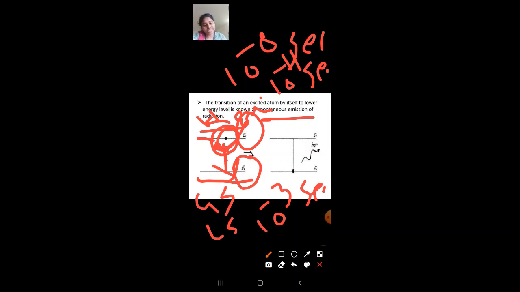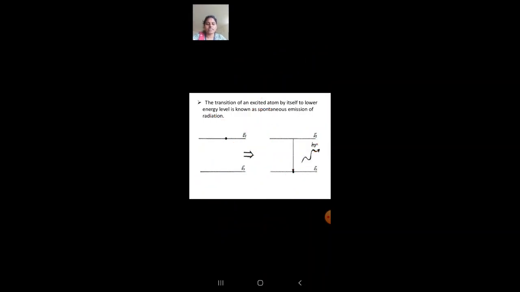So here we will see this picture. The particle reached the ground state. In this transition, some energy will be emitted by the particle. That energy is nothing but photon energy. Here the transition is from E2 state to E1 state.